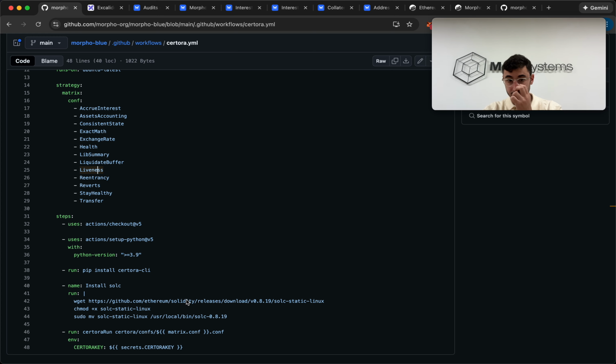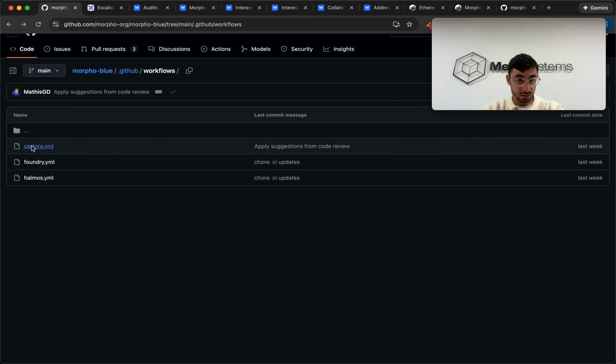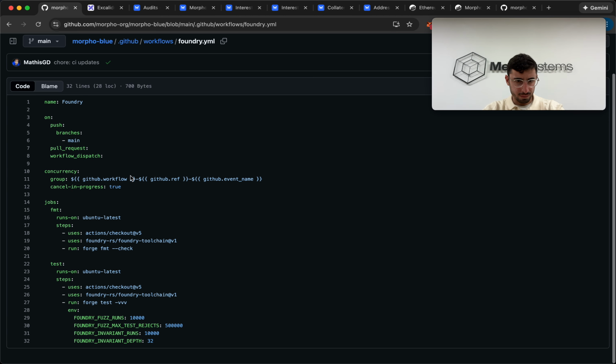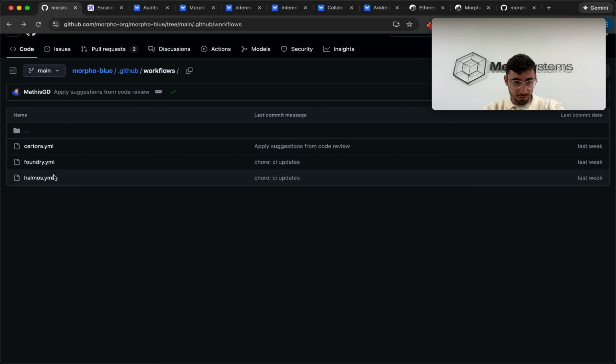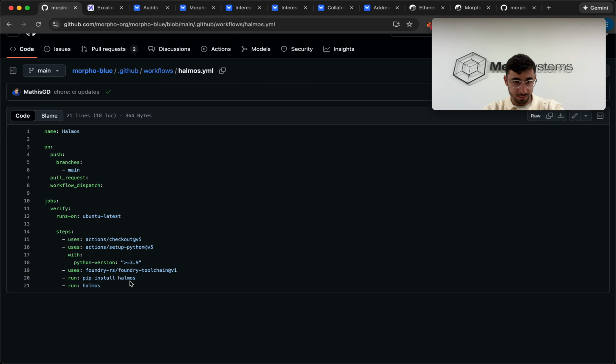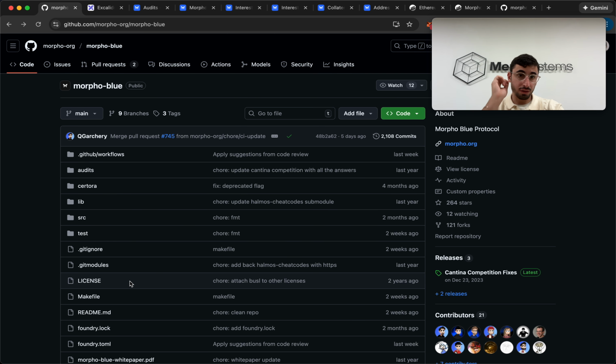I've never played around with this, but this is really cool. It's great. You have your Foundry stuff, your fuzz tests, your invariant tests. You have your Halmos tests. This is very cool. Now they take security very, very seriously.